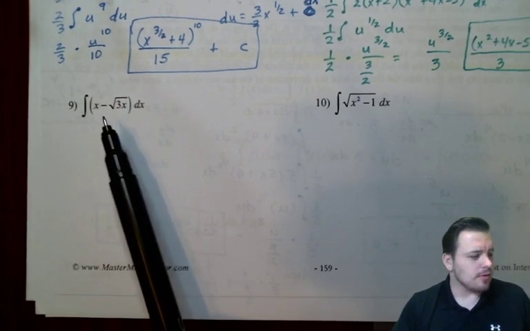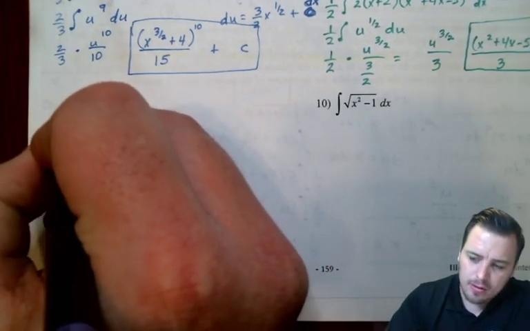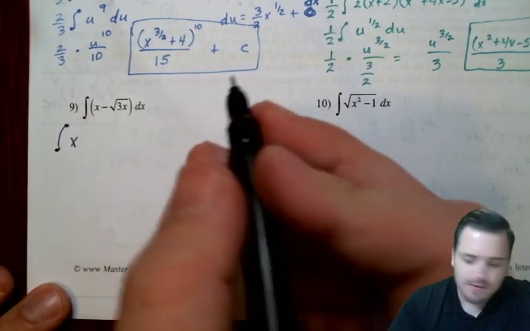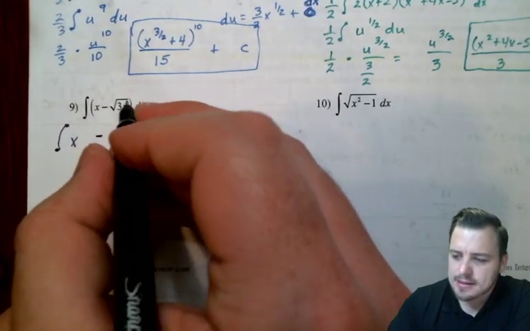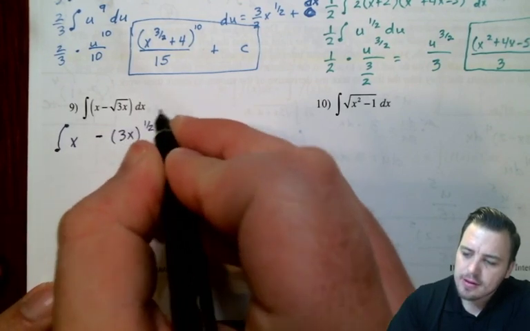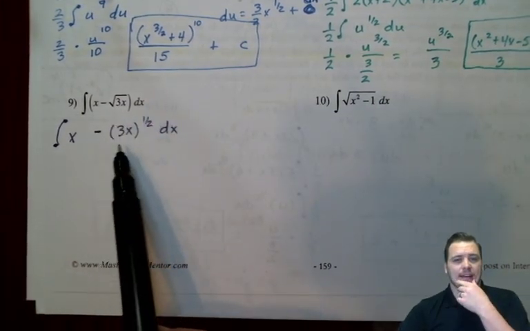So the way I'm working this problem is to say this: the integral of x, if I'm just rewriting it, minus 3x to the 1/2 dx. So I would start off by writing it like that.